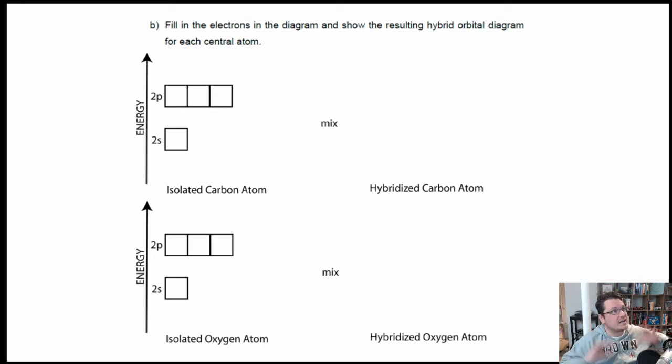Now, the next question is trying to tie in what we know about molecular orbital theory and hybrid orbitals. When we're thinking about bonding, especially in organic molecules, people love talking about hybrid orbitals, because it helps explain, via VSEPR theory, the shapes and the geometries around atoms.